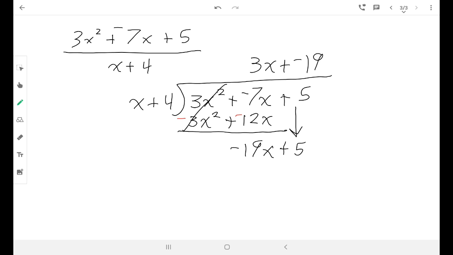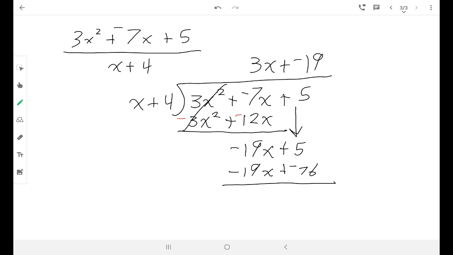So negative 19 times x, remember I'm going to take this, I'm going to distribute it to both of those, okay? And so negative 19 times x is negative 19x plus negative 19 times 4, that's positive, times negative is negative, and then 19 times 4 is like 4 times 10 plus 4 times 9, which is 40, plus 36, which is 76.